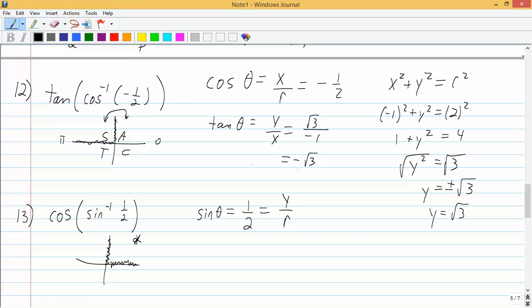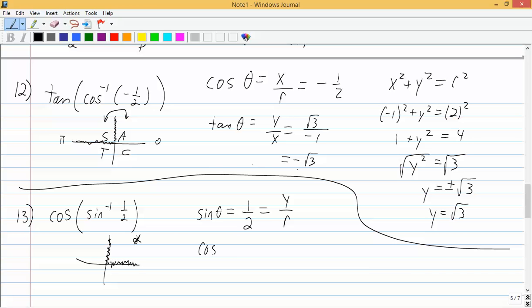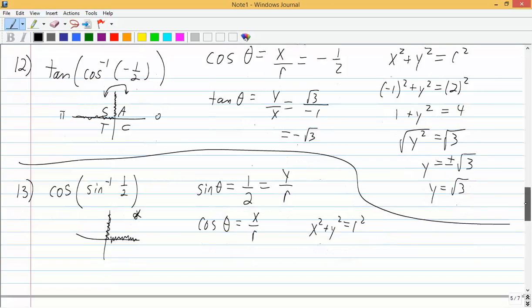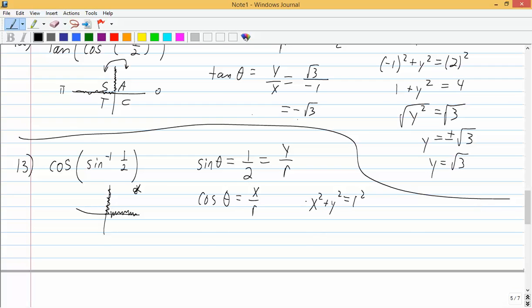So, what do I need? I'm trying to find the cosine of that. And cosine is x over r. So I need to find x. When I find x, I need to make sure I make it positive. So x squared plus y squared equals r squared is your friend.